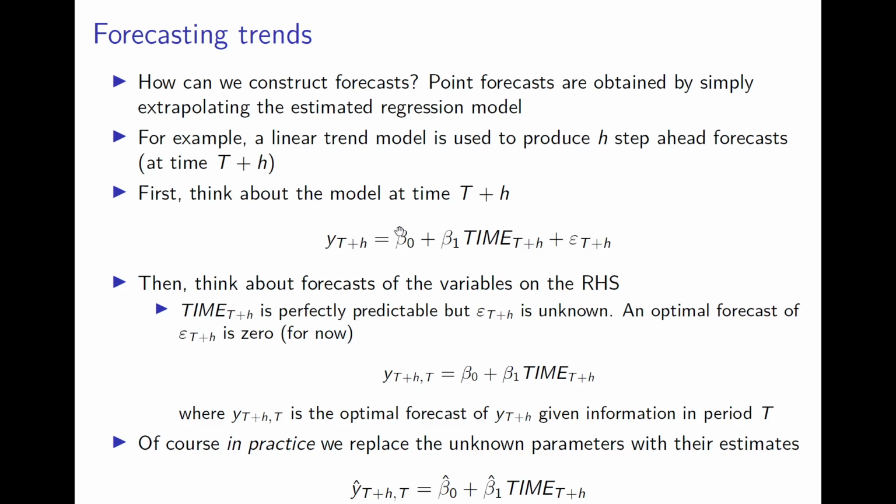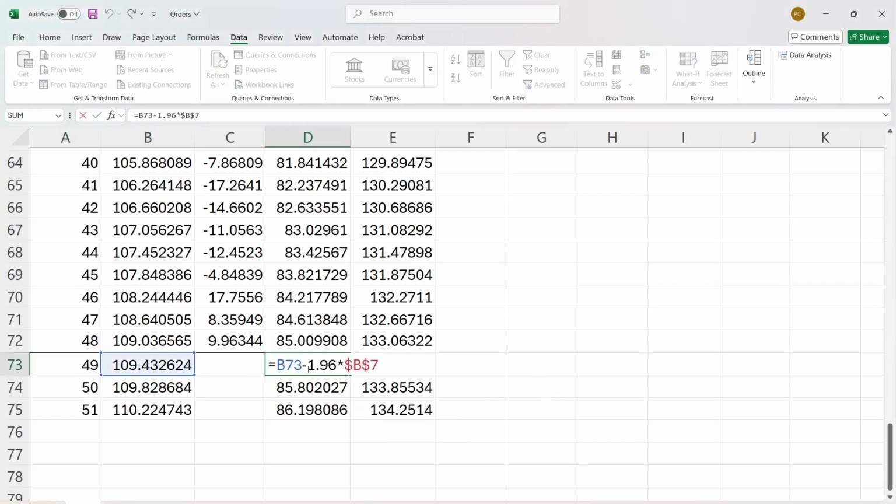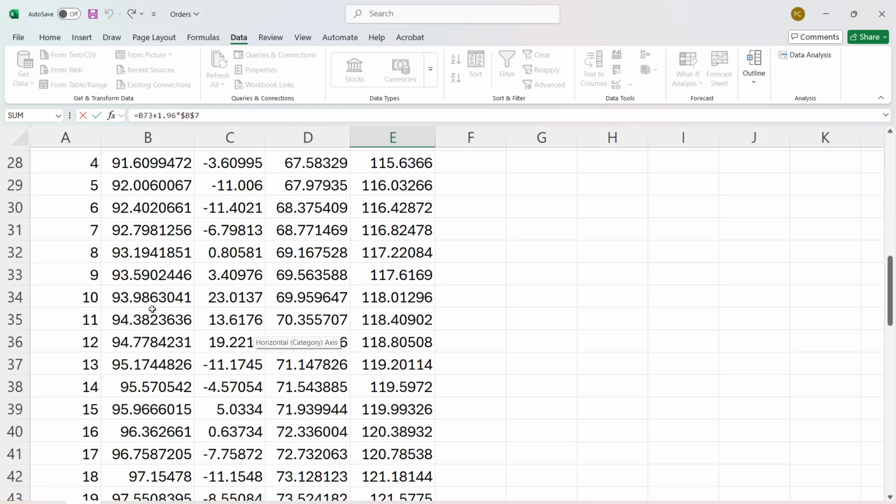This predictable part of the model gives me my point forecast, and this unpredictable part of the model tells me how uncertain I am, so my 95% confidence interval is going to be based on the standard deviation of these epsilons, which is what we did when I calculated this confidence interval. My point prediction minus 1.96 times the standard error of regression, and for my upper bound, my point prediction plus 1.96 times the standard error of regression, which was all the way up here.